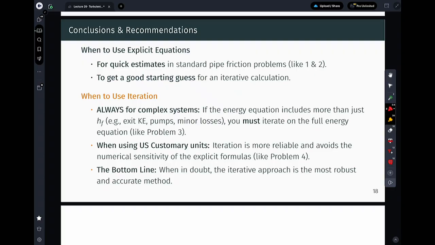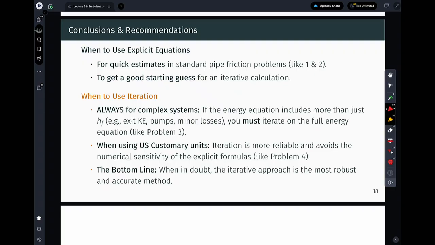Okay, learn slugs, learn pound force, learn pound masses, gc, g. You should know all that stuff. All right. Bottom line, when in doubt, the iterative approach is the most robust and accurate method in all cases. So you are safe using the Haaland equation. You are safe using the Swamee-Jain. And in any example that I did in the course where I did f and used the Haaland equation, go back and try it with Swamee-Jain and convince yourself of that.